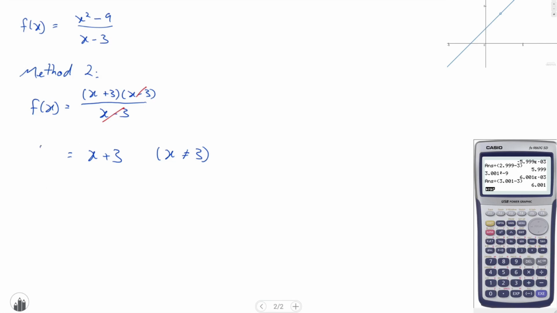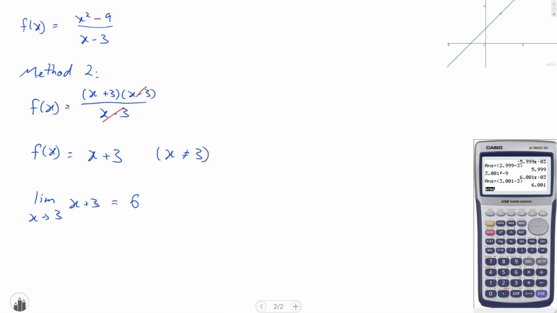So this is what our function would then simplify to. And finding out how our function behaves when x is near the value 3, from here it becomes much easier to see. Because now we can say, the limit as x approaches 3 of my function x plus 3 is just going to be 6, because you can just evaluate this function at x equals 3.